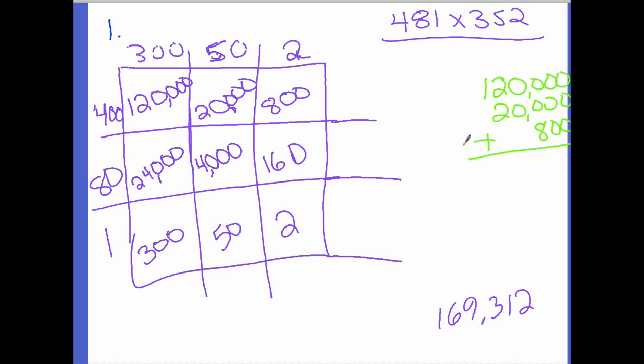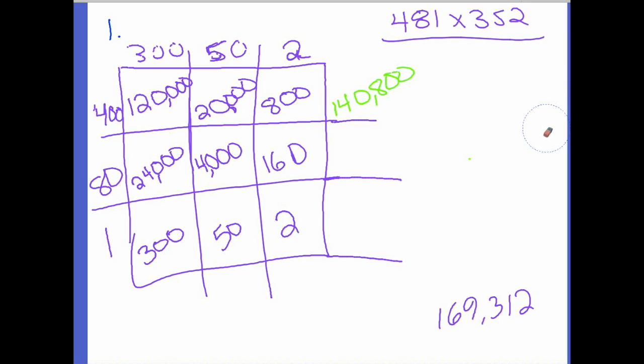0, 0, 8, 0, 4, 1. And then 28 and 160. Answer for these. 0, 6, 1, 8, 2.